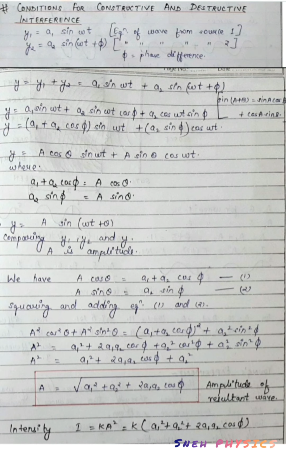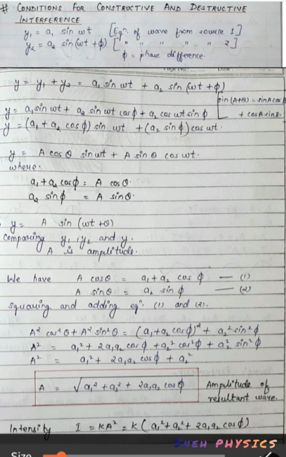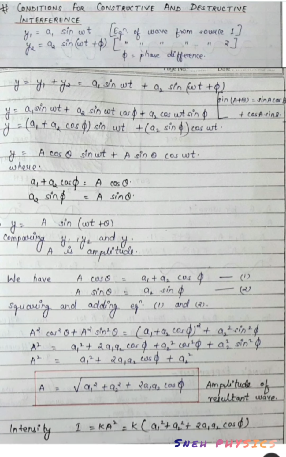So in this lecture, we'll find the amplitude of the resultant wave by applying the superposition principle on the different displacements of two waves. The equation of displacement for the first wave is given by y1 equals a1 sine omega t, and this equation is of the wave from source 1.